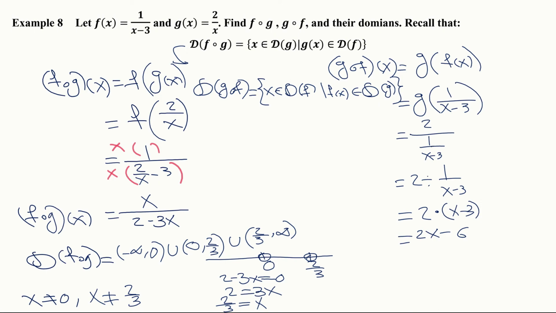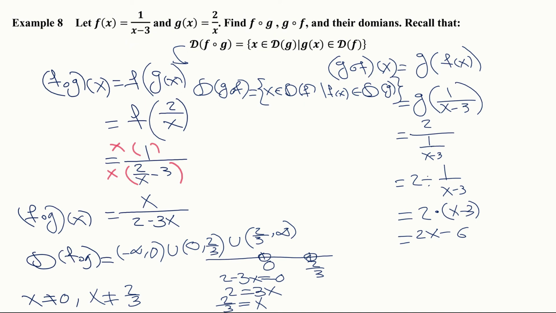Things get turned around. So in order to be in the domain of g circle f, you have to first and foremost be in the domain of f. So notice 3 itself is not in the domain of f because 3 makes f undefined. So we cannot use 3 in the domain of g circle f either.